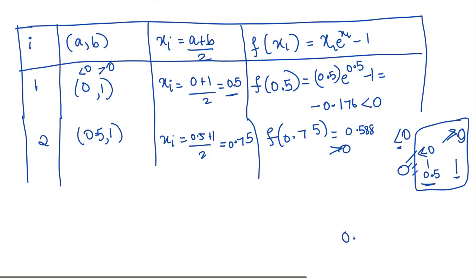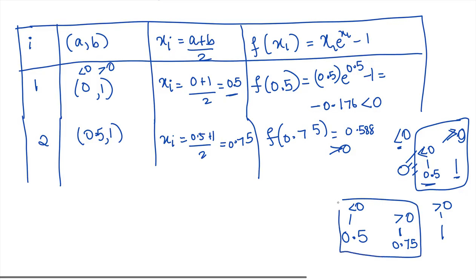Okay, now we had 0.5, 1, and the middle number is 0.75. 0.5 was giving us less than 0, and 1 was giving us greater than 0. And 0.75 was also giving us greater than 0. So the root lies between greater than 0 and less than 0, right? So our next interval would be this. Previously the middle value was giving less than 0, so we took these two.